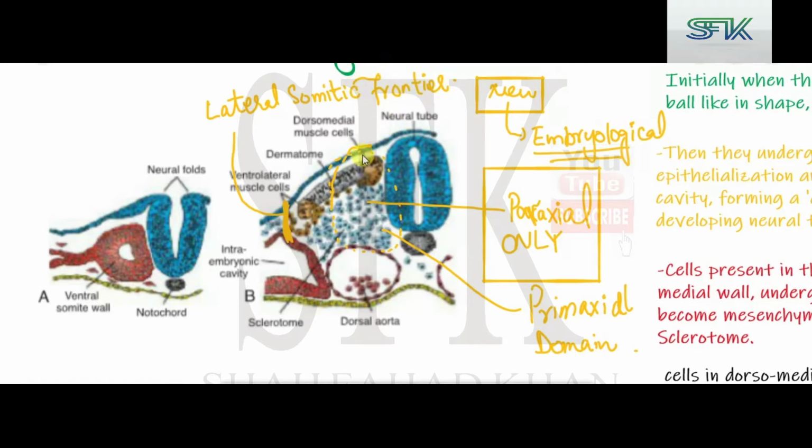And just a few minutes ago, I told you that the ventrolateral myotomal cells migrate into the somatic layer, or the parietal layer of the lateral plate mesoderm.